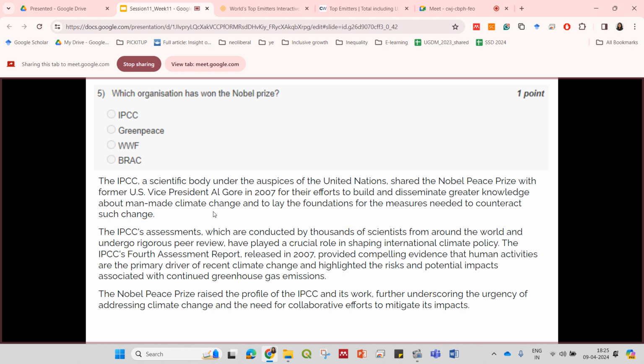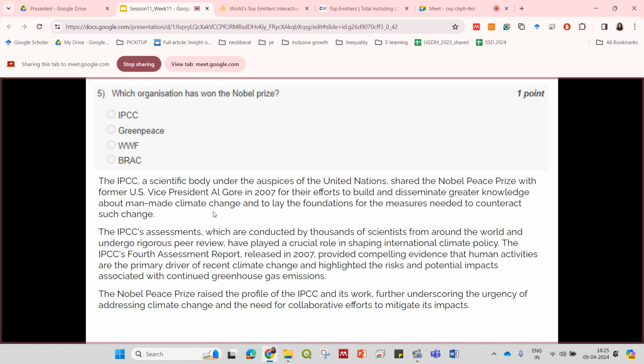So before 2007, we knew that climate change or global warming is occurring. We knew that the global temperature has been increasing significantly in the past 100 200 years since the industrial revolution took place, but we were not sure what is causing this rise of global temperatures.